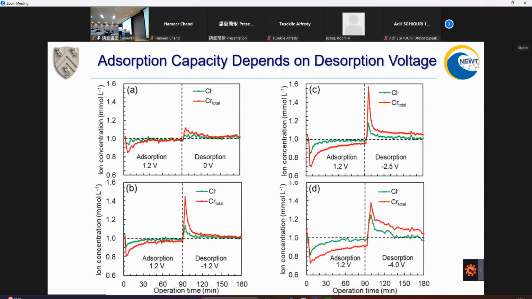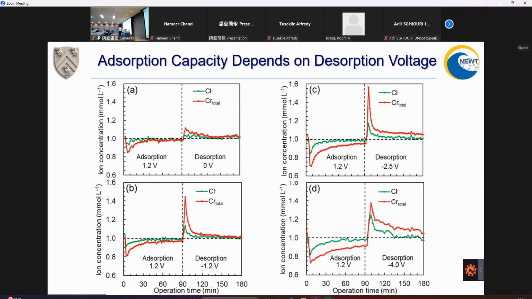Okay, so some performance data here. Because we have both electrosorption and physisorption happening at the same time, these MOF materials are very good physisorption materials for hexavalent chromium. So you can see our absorption capacity is actually a strong function of the desorption voltage.